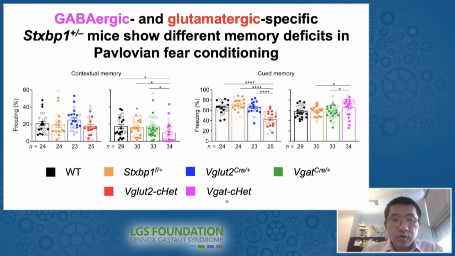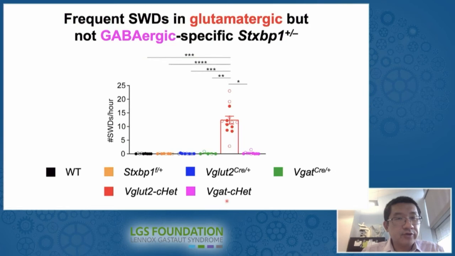So what about epilepsy, right? The heterozygote mutants had 2 different epilepsies, spike-wave discharge, absence seizure, and myoclonic seizure. Again, very interestingly, we saw that the SWD is only present in the glutamatergic heterozygote mutants, as you can see from this graph. The VGAT heterozygote mutants have basically no SWD, similar to all other controls.